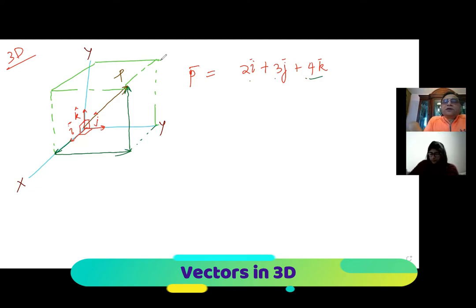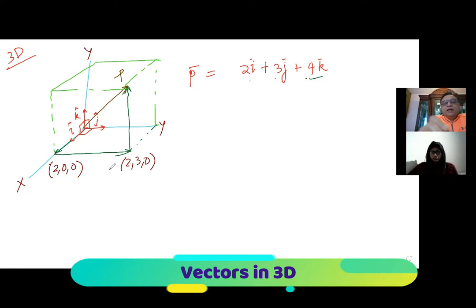So each vertex of this can be given a Cartesian point. If you are on the x-axis alone, you did not move along y or z, correct? So this coordinate point here is 2 and the other values are 0. At this position, you moved along y 3 units and therefore the coordinate points are 2, 3, 0.